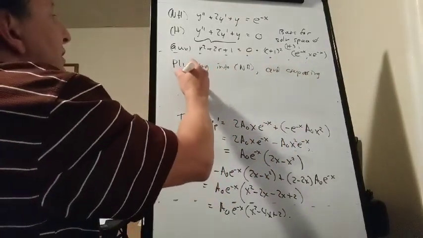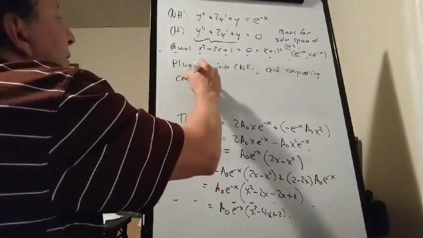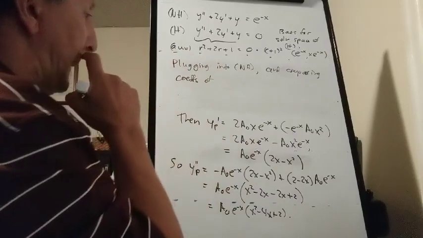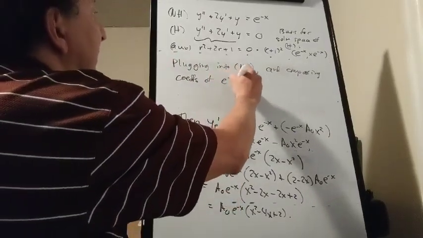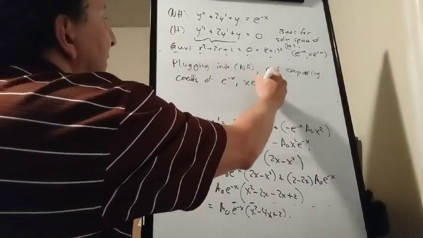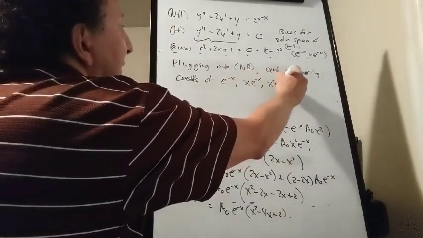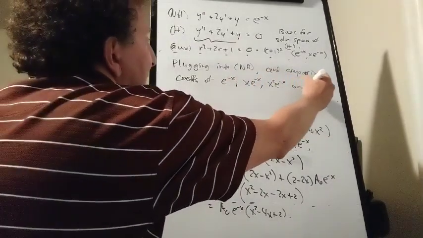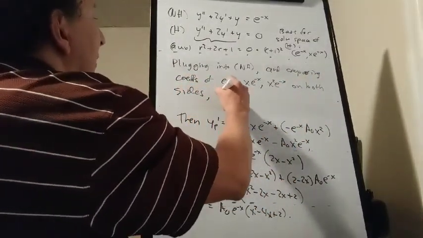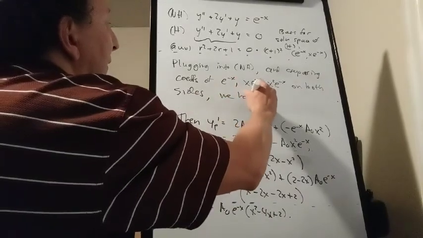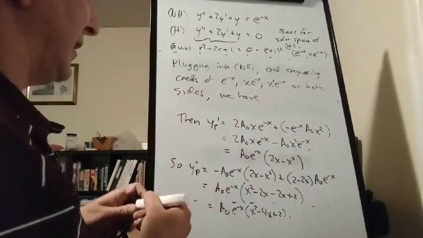So plugging into the non-homogeneous equation and comparing coefficients of, I guess we have e to the negative x, x e to the negative x, and x squared e to the negative x on both sides.